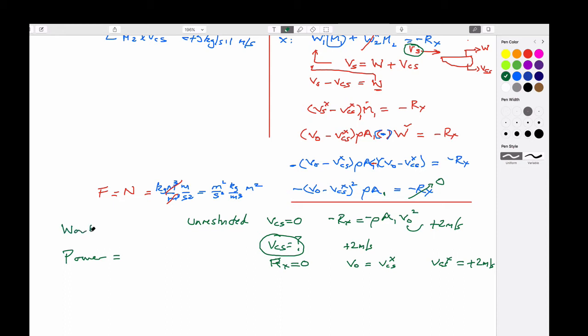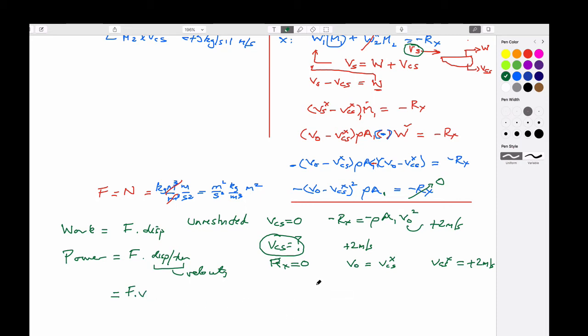Work is equal to force times displacement. Power is the rate of doing work, which is equal to force times displacement per time. We call this velocity. And so, in other words, power is just equal to FV.